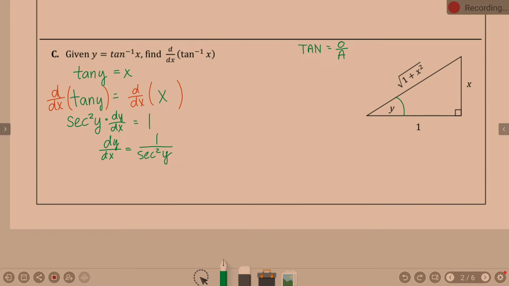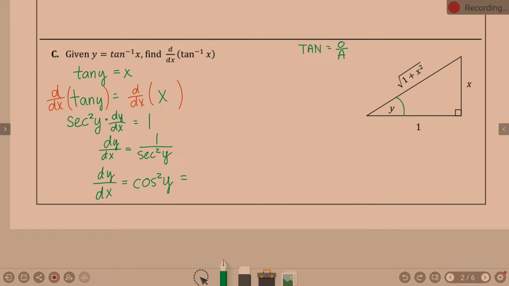Okay, we can leave it as 1 over secant squared y, and then figure out what the secant of y is and fill that in. Or a secant in the denominator is a cosine in the top, right? So if you'd prefer, you could say dy dx is cosine squared y. And now at least we won't have a fraction within a fraction to deal with.